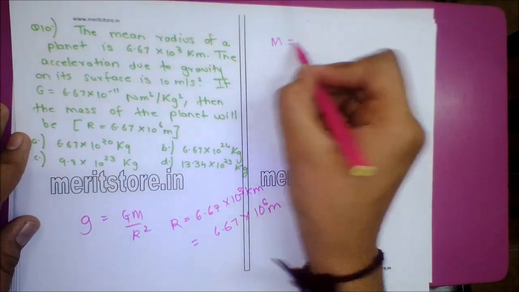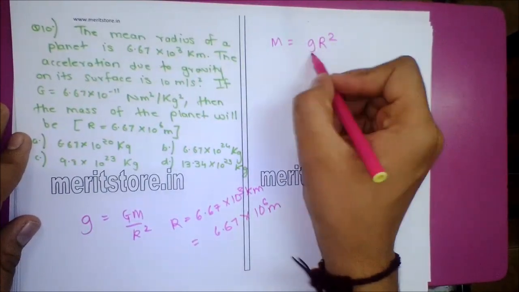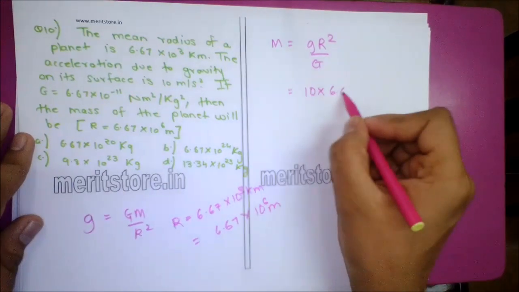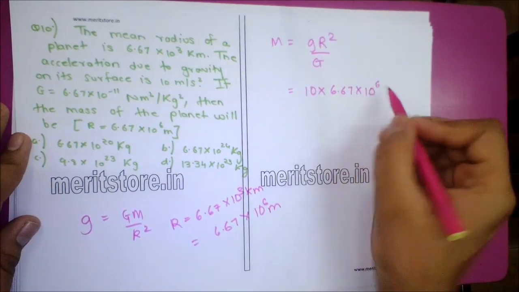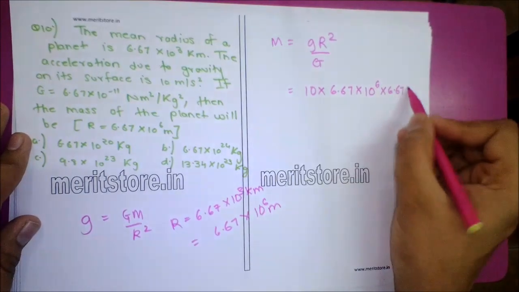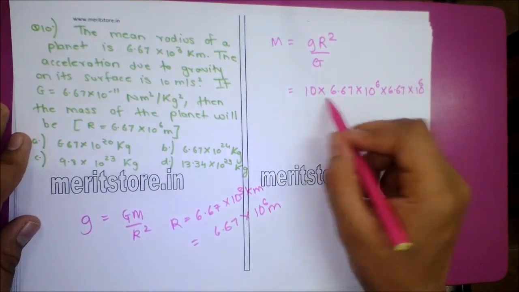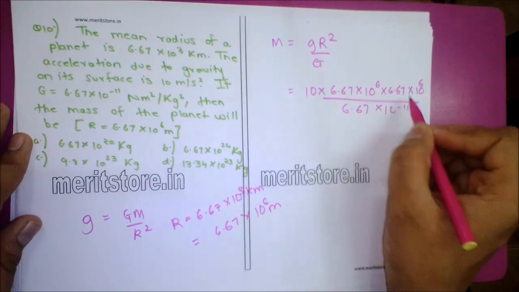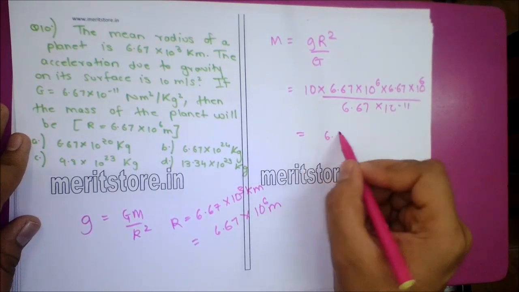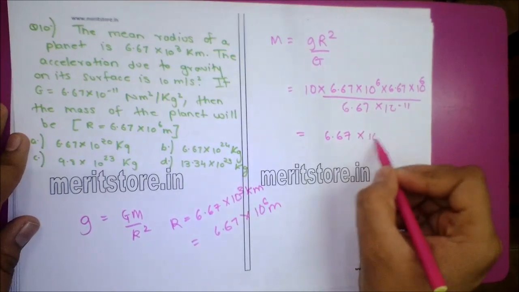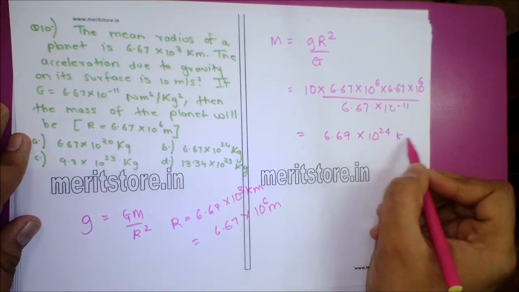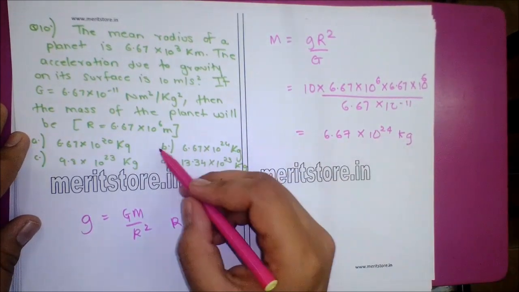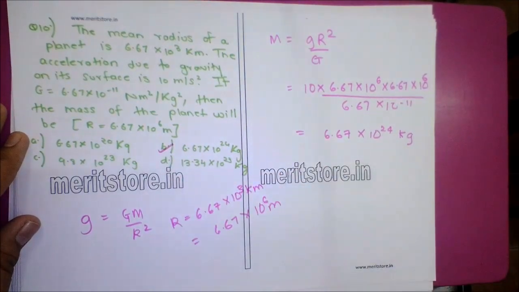So M can be now written as g R square upon capital G, which is 10 into 6.67 into 10 raised to 6 into 6.67 into 10 raised to 6 upon 6.67 into 10 raised to minus 11, which on solving we get 6.67 into 10 raised to 24 kg. So 6.67 into 10 raised to 24 kg, that is option B, is the correct answer.